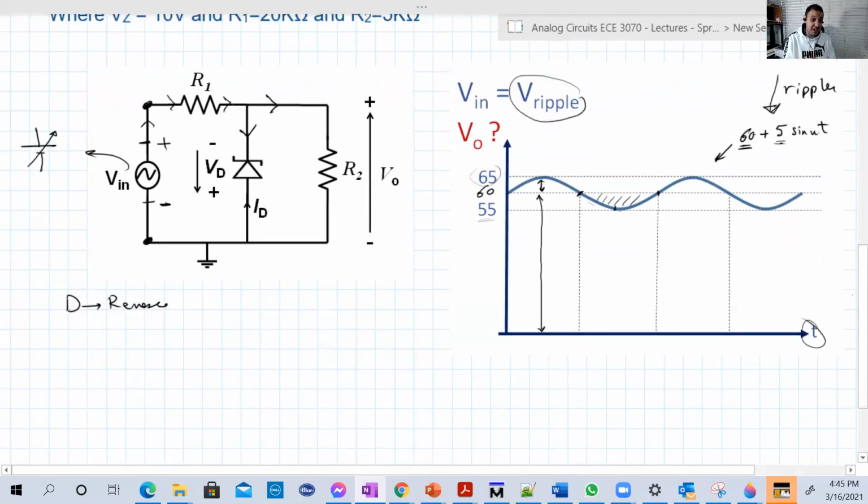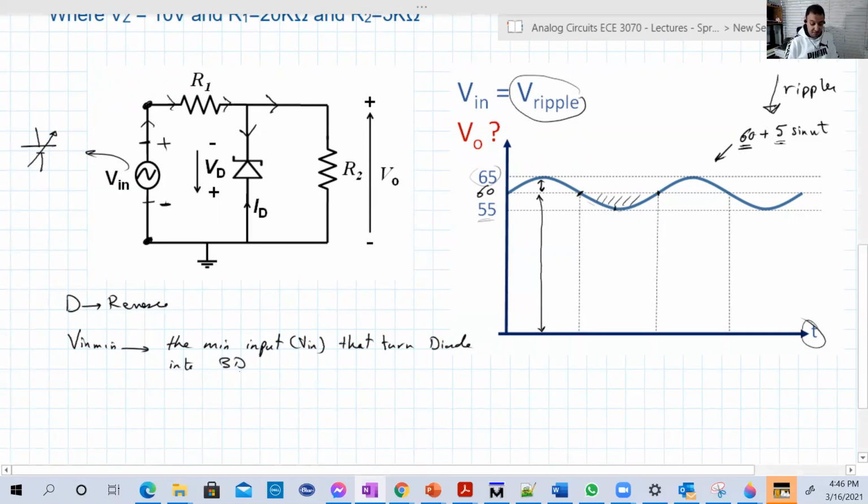Now, if it's in reverse and this is a zener diode, it might go into breakdown or not, basically. So to determine what is the voltage that we need to turn this diode into breakdown, we need the minimum input that we can enter into this circuit that will turn this diode into breakdown. So what is the minimum input, the minimum Vin, that turns the diode into breakdown?